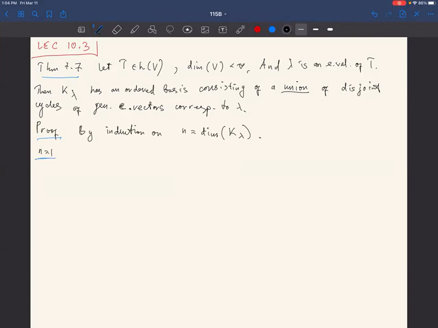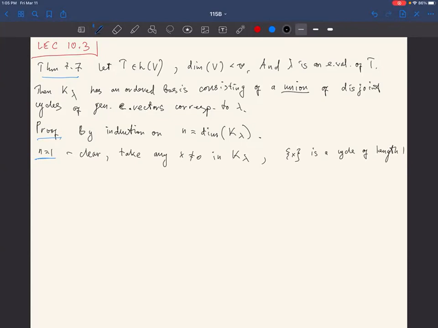So in this case, there's nothing to do. Okay, because it's clear because we can take any x non-zero in K lambda. Right, it must exist. And then the set consisting of the single value x, yeah, just a single element set {x}, is a cycle of length 1.